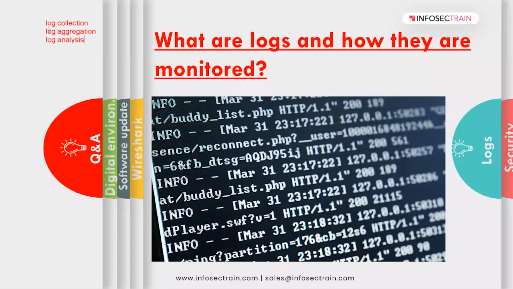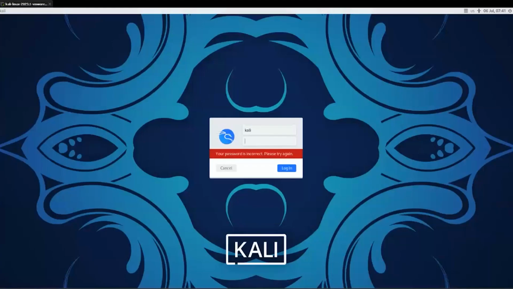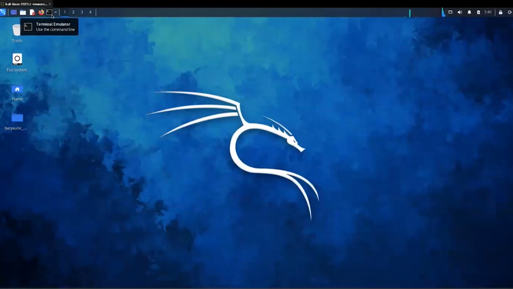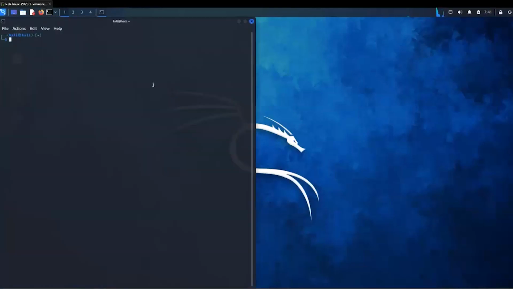Now let me show you the logs in the Linux system. Over here I will go to /var/log and run ls. In our Linux, we have our logs inside this directory. So these are our logs.